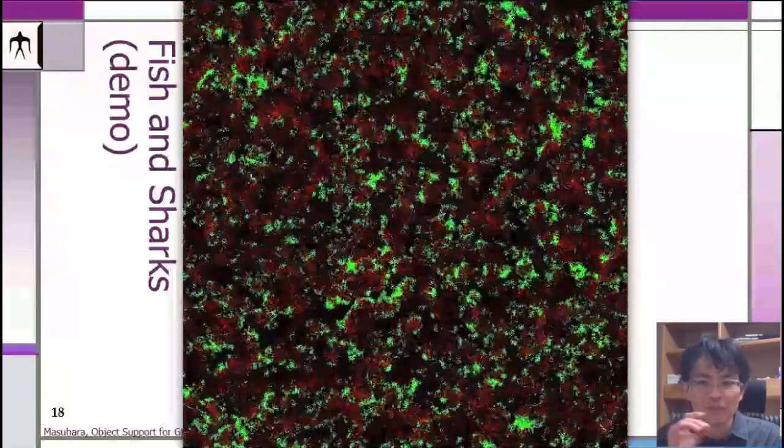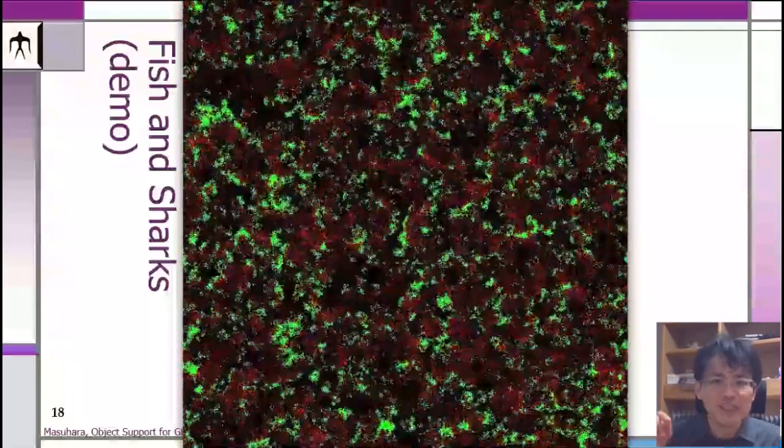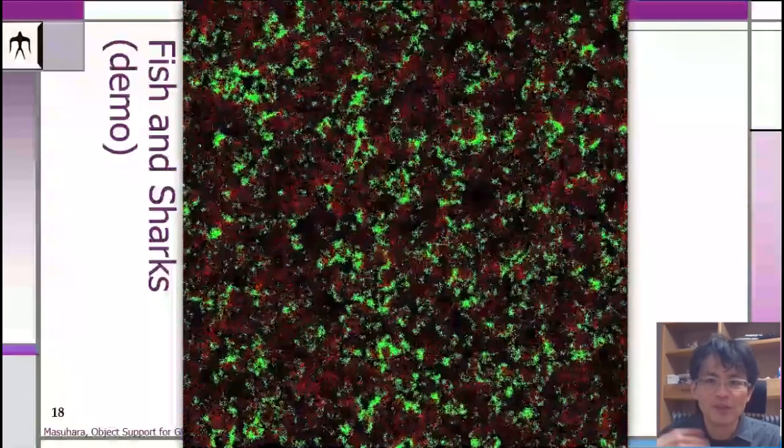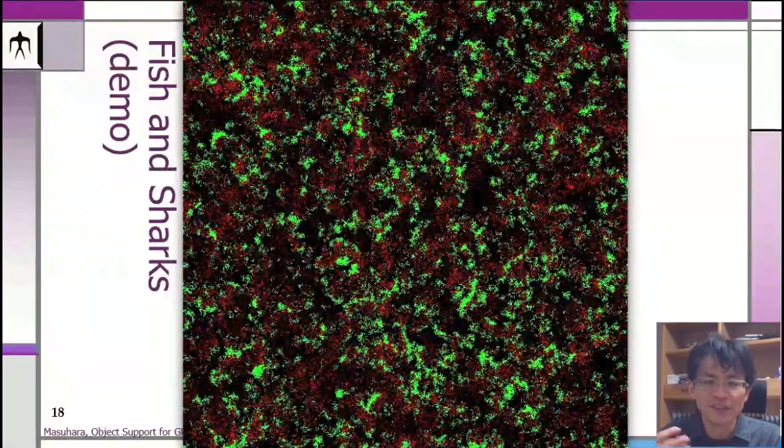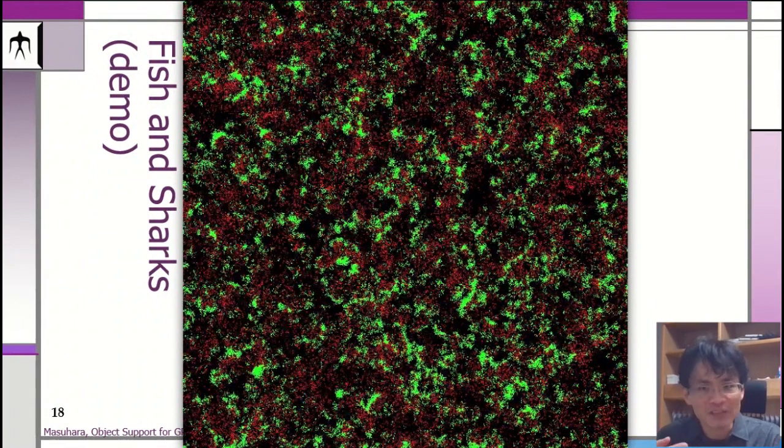Both fish and sharks move randomly, spawn eggs, and increase their population. Sharks move randomly and eat fish when they encounter fish, or die by starvation. Then we will see the increase and decrease of the population of fish and sharks through the simulation.